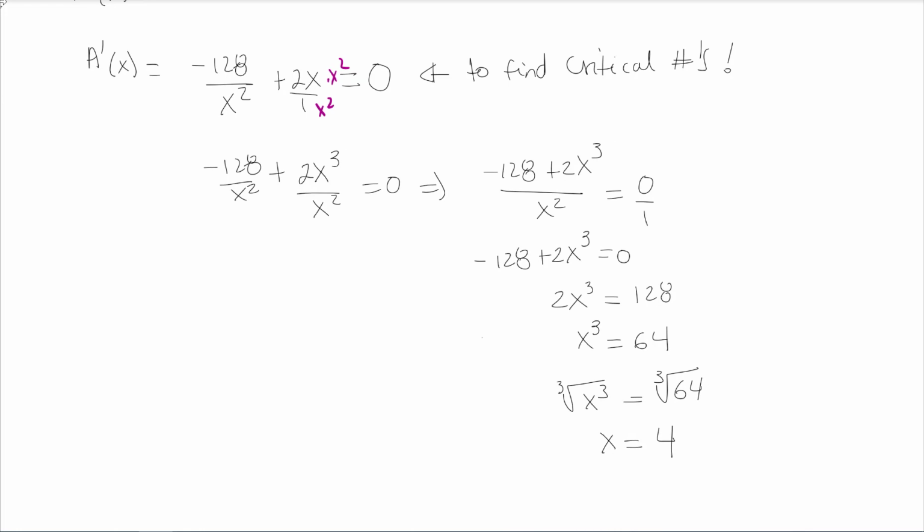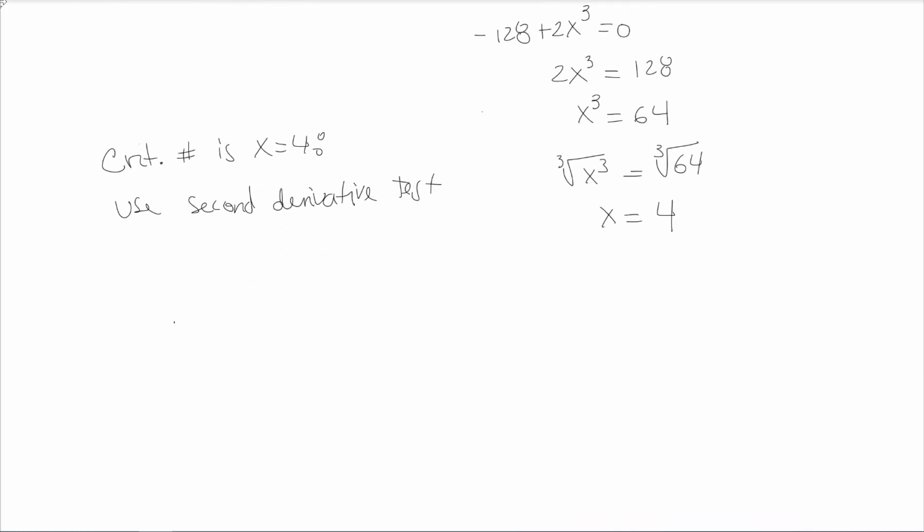In this case, my critical number is x equals 4. We can use the second derivative test, or you can use the number line. But the second derivative test means we take the derivative of the derivative.